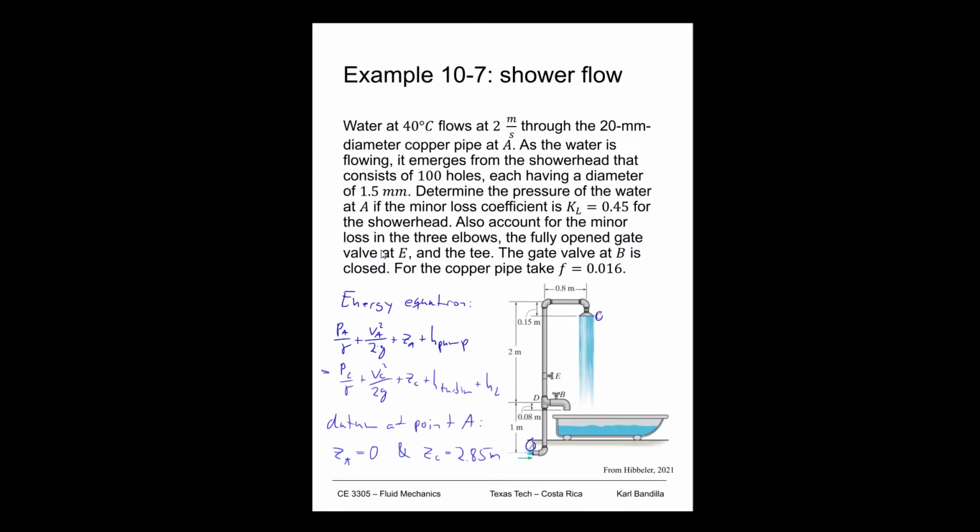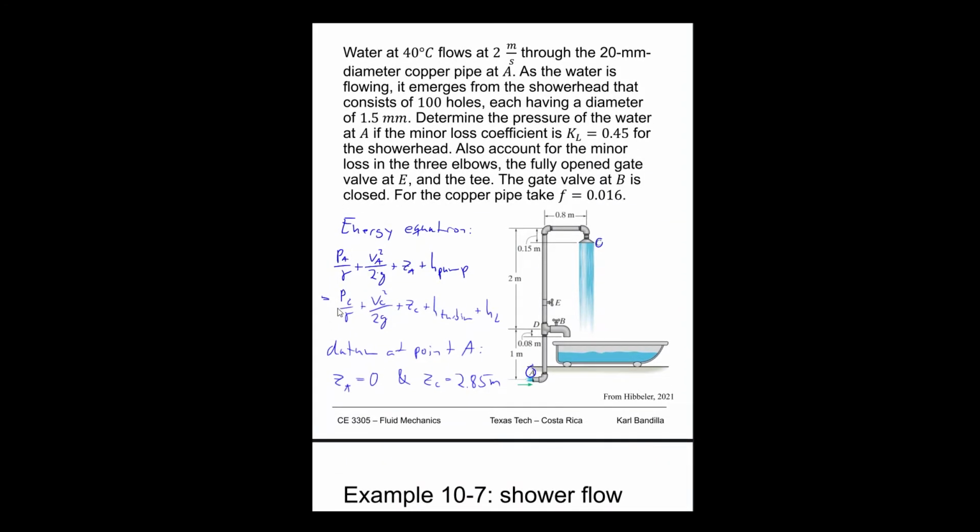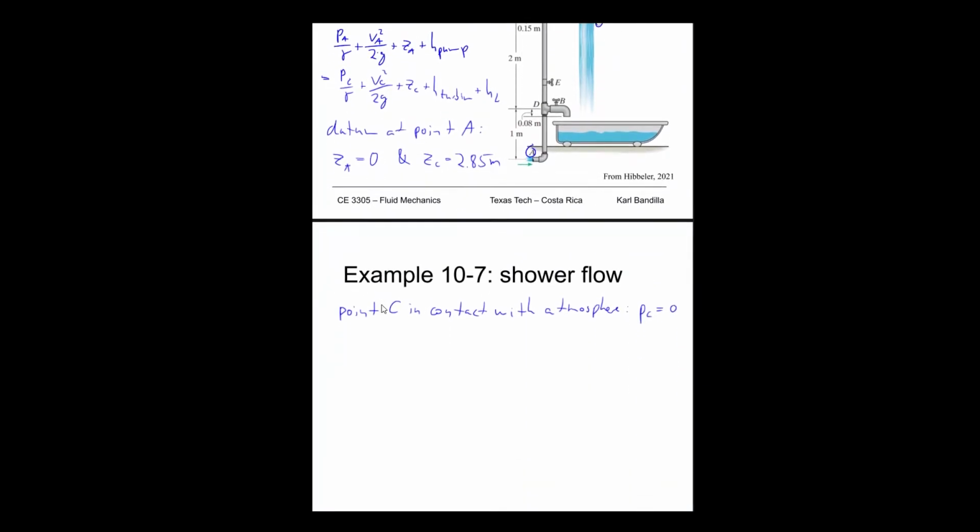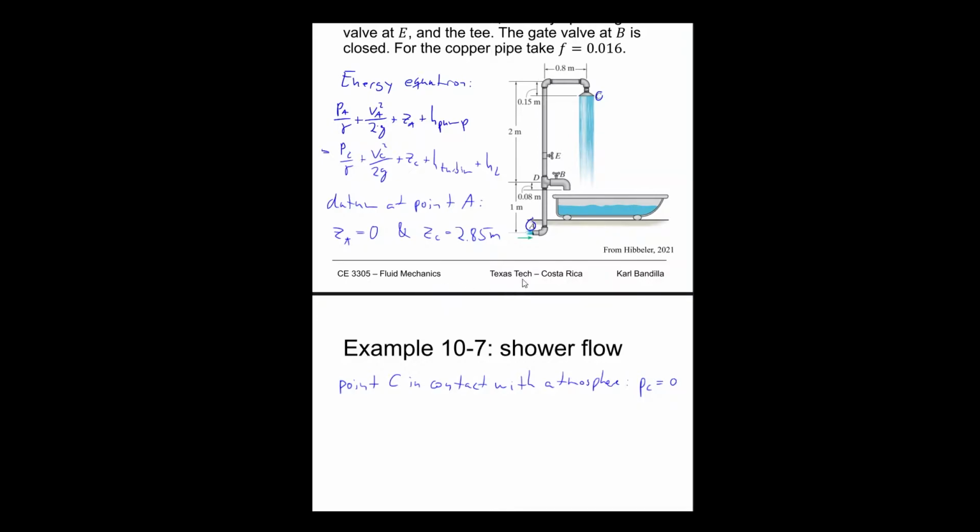We're given PA somewhere in here. No, we're given VA, not PA. So PA is what we're trying to find. PC, VA we're given. That means we need to find VC. All right, VC. Well, it's a continuity equation.